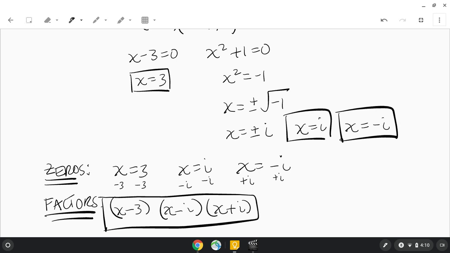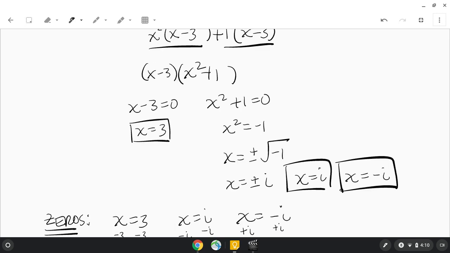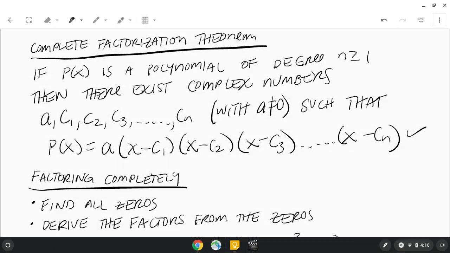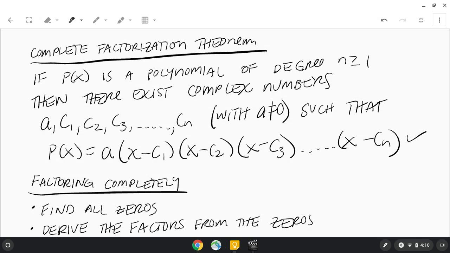That's what this theorem right above here is saying. This complete factorization theorem says if p of x is a polynomial of degree n, so we had degree 3, then there exist complex numbers such that your polynomial can be factored into linear factors.